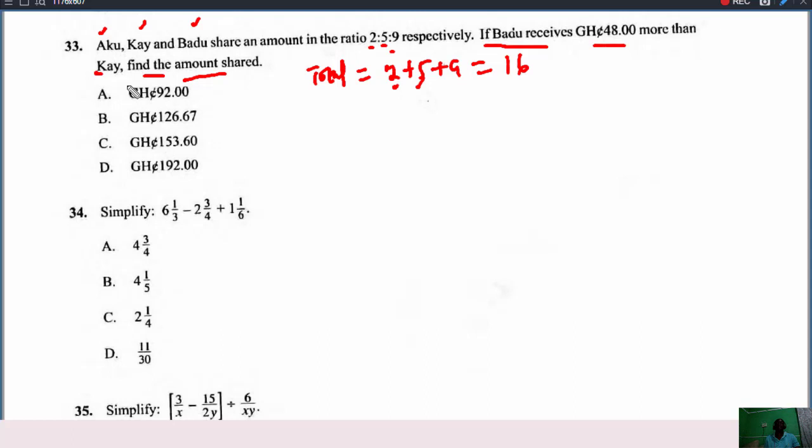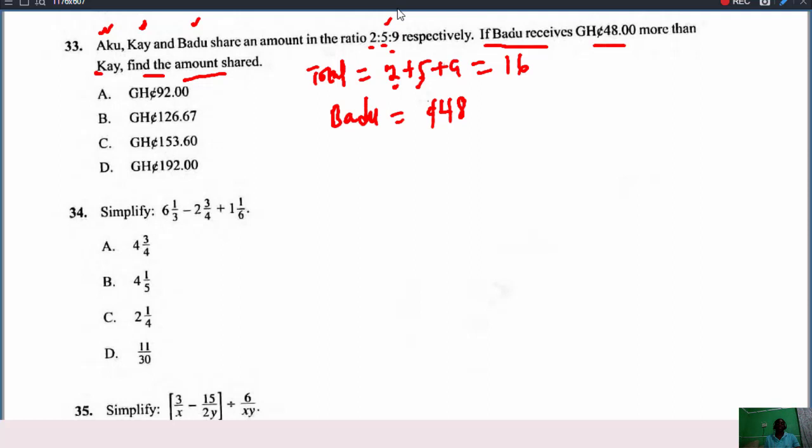Good. Then they said that Badu received 48 cedis more than K. So if K is equal to, K represents the 5.